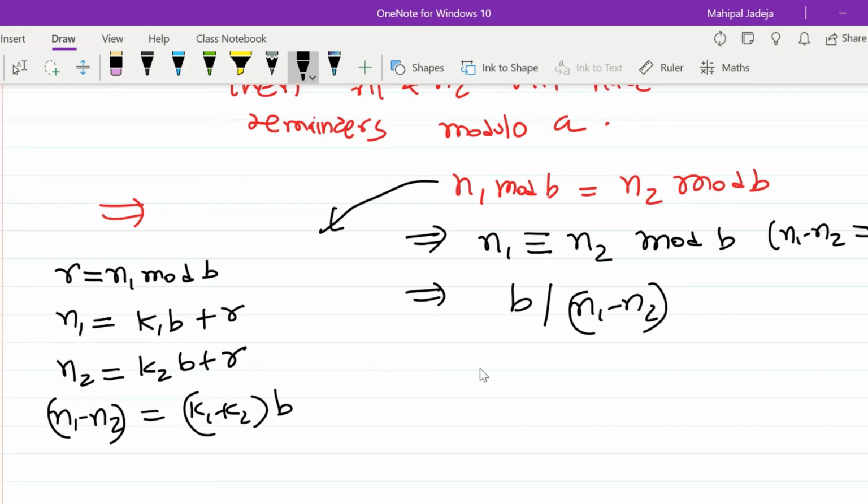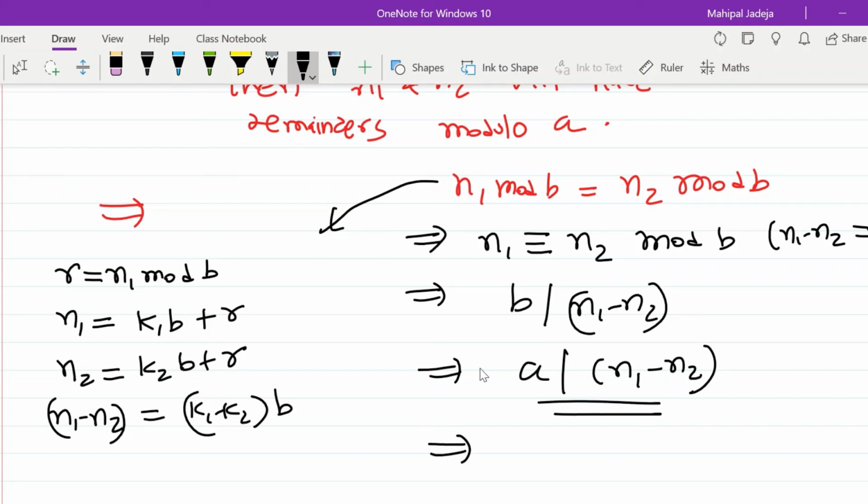So basically b divides n1 minus n2. And now it's given that a divides b. So since a divides b and b divides n1 minus n2, from transitivity we can say a divides n1 minus n2. So that means from this we can say that if we perform modulo a operation with respect to n1 and n2, then we will get the same answer, right?